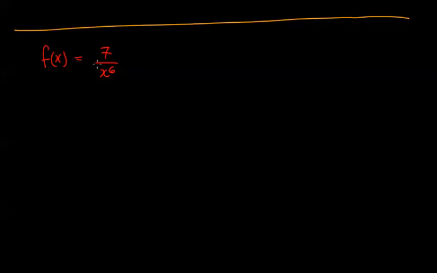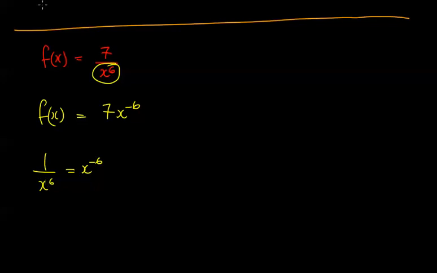You need to think about how you can rewrite something like 1 over x to the power 6, because this function is just 7x to the power minus 6. If you remember, 1 over x to the power 6 can be written as x to the power minus 6. Negative powers represent reciprocals or fractions like this.